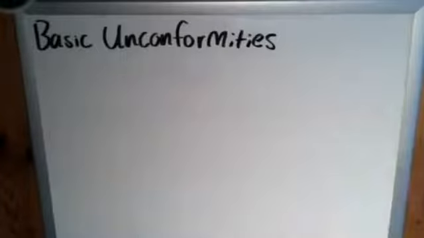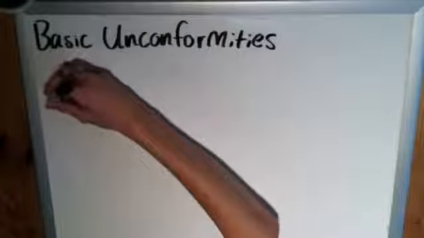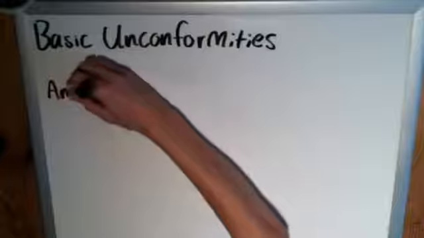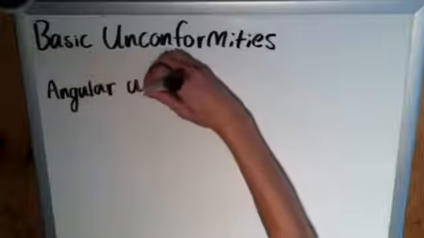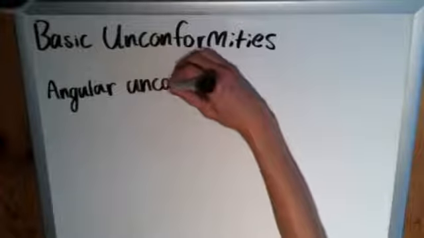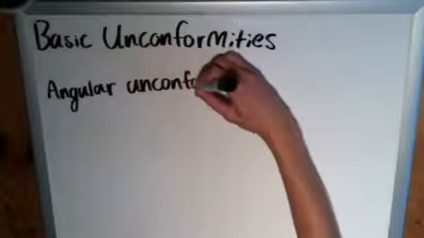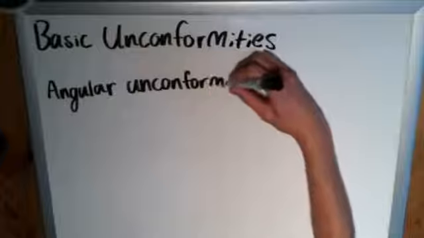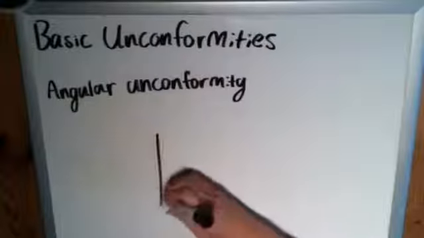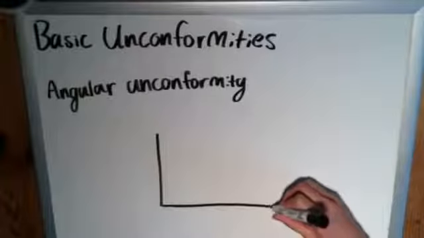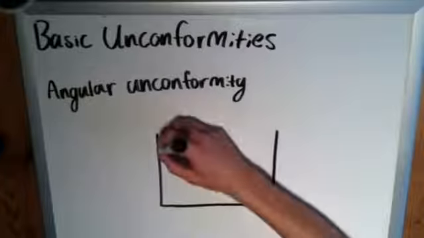The next one is similar, but different in a key way. It's called an angular unconformity. And once again, we're dealing with sedimentary rock when we look at angular unconformities. There's a key event that occurs in here.